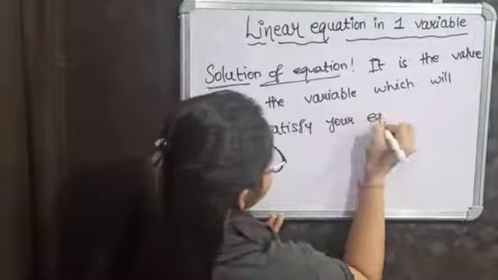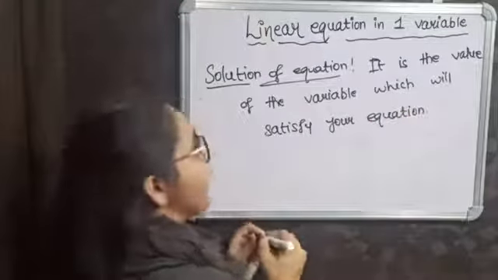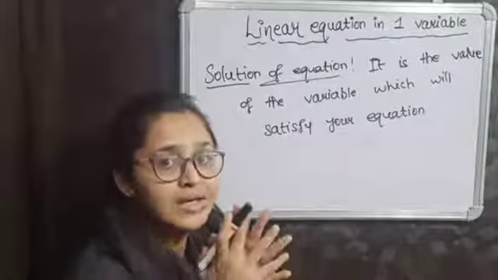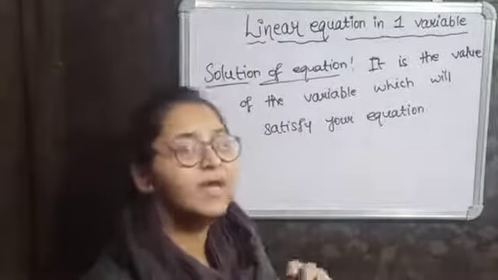It means your equation will be balanced when you put the value of that variable. So let us understand the solution of an equation with the help of an activity.